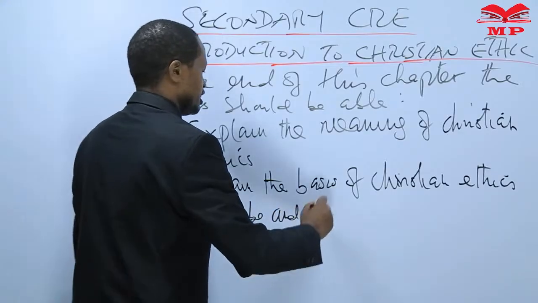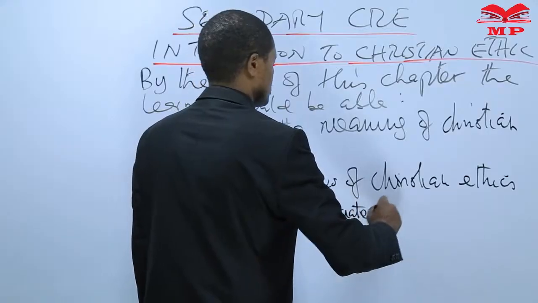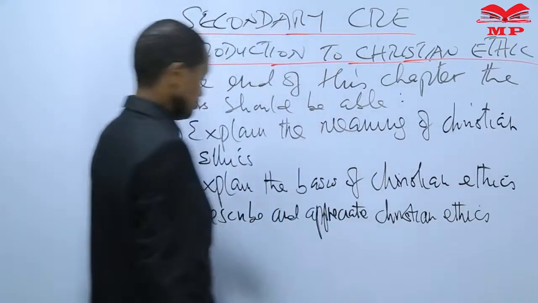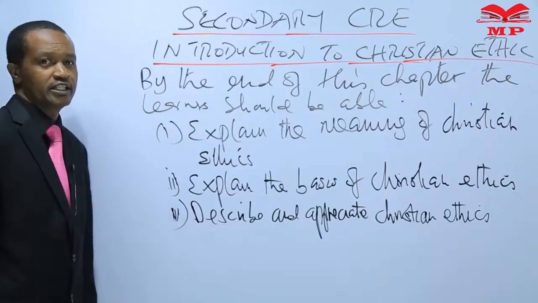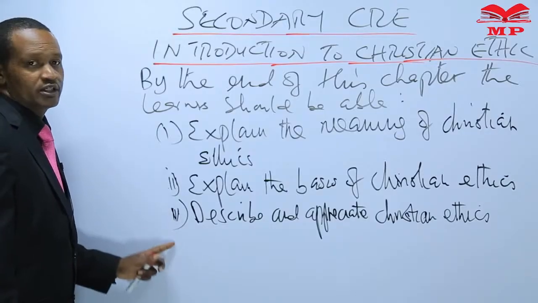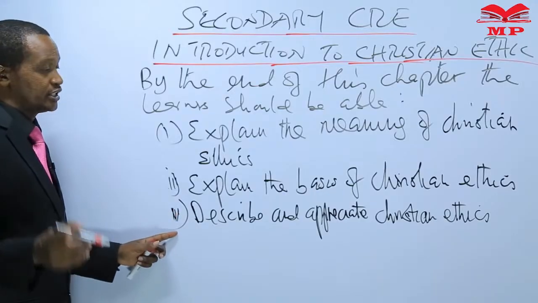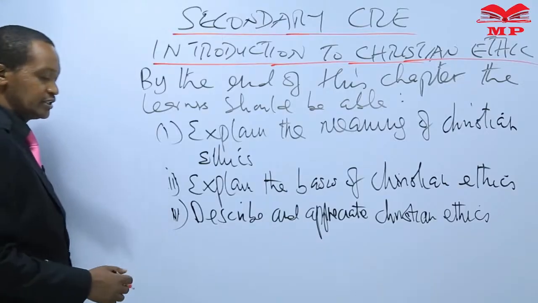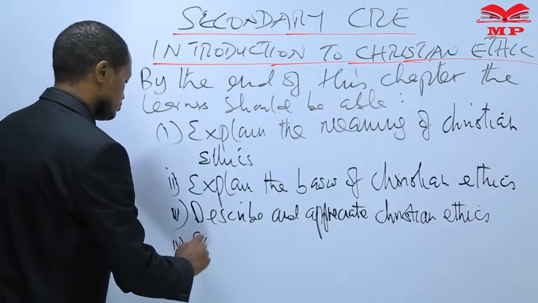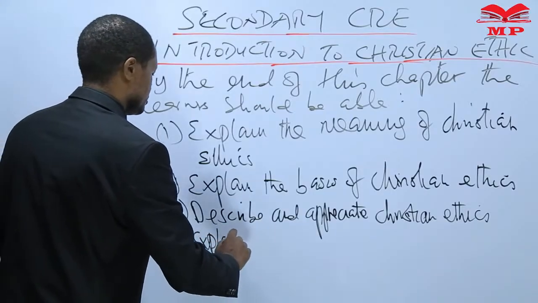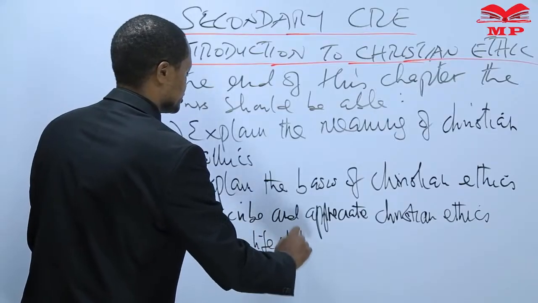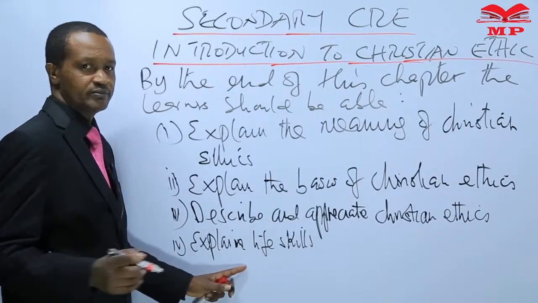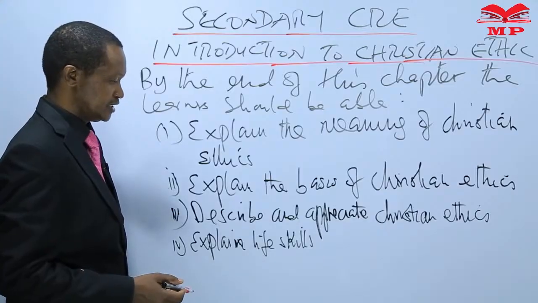Then lastly, number four, the learner should be able to explain life skills and apply them in making critical life decisions.